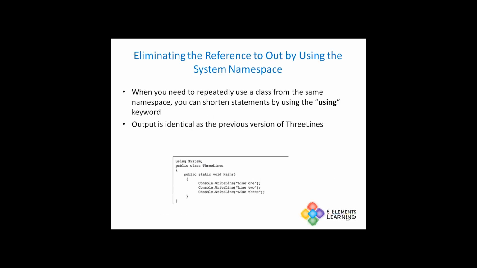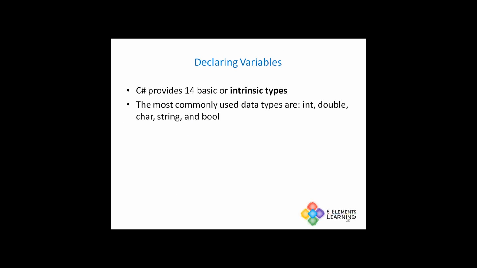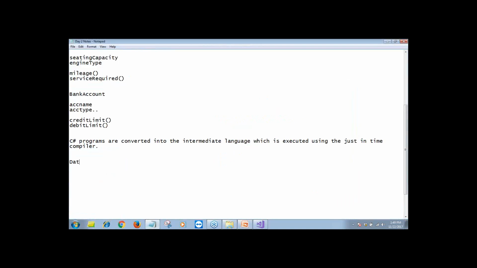Now let's have a look at the types of data which are available to us in C#. Broadly, we have number data type, string data type, and Boolean data type. Number data types are basically of 14 types, which are short, int, long, float, double, and so on.